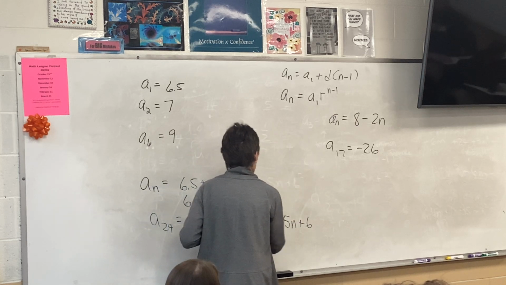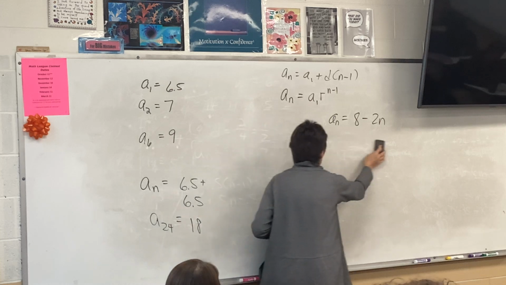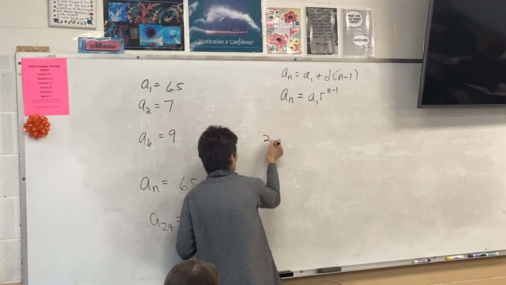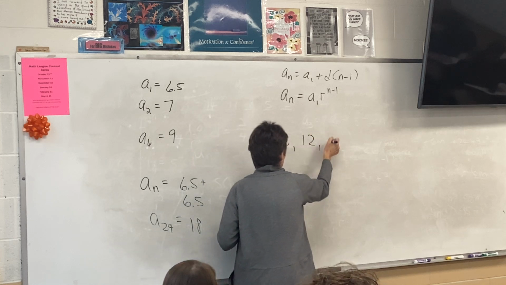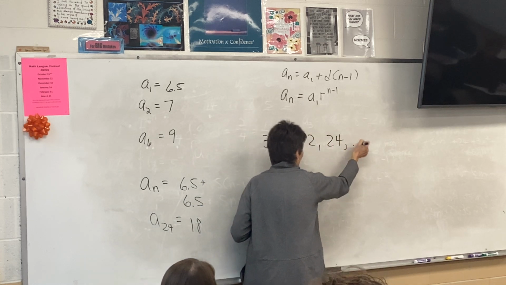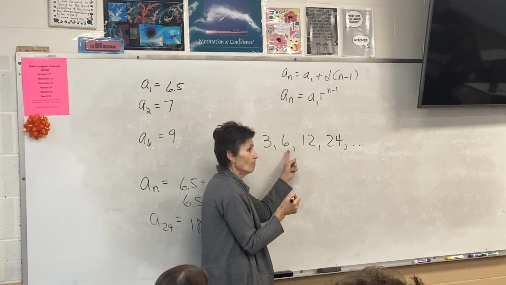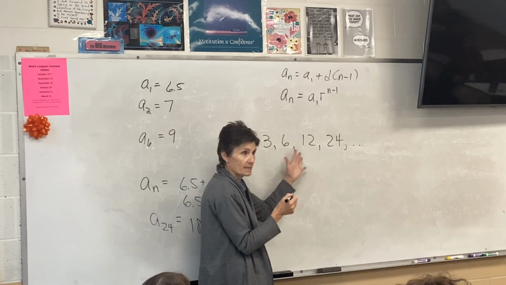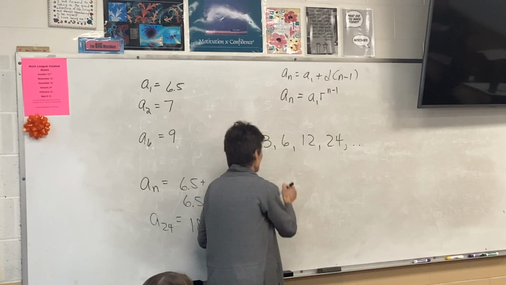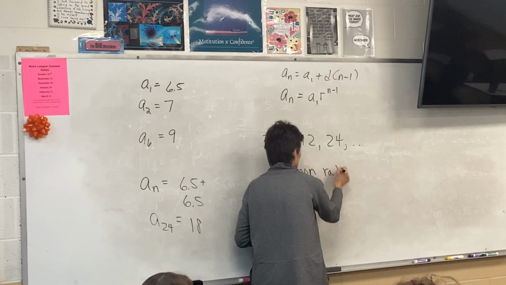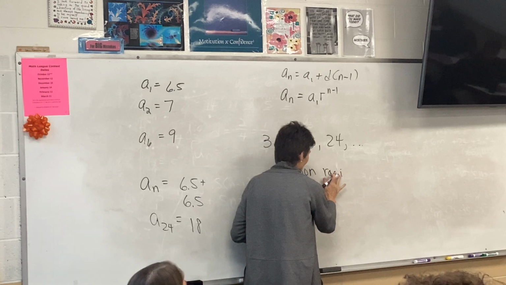Remember, as we go from term to term in the geometric sequence, so an example might be this. This would be a geometric sequence, agreed? The number that we keep multiplying by, in this case 2, is called the common ratio.